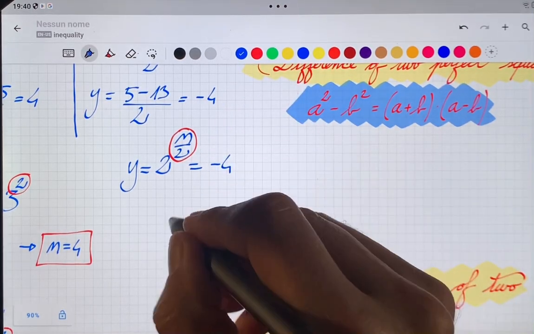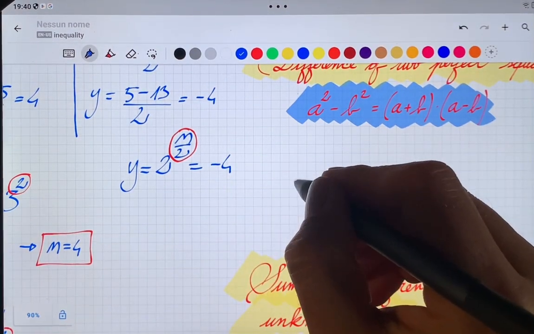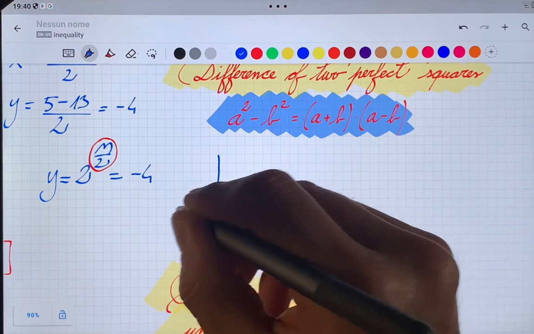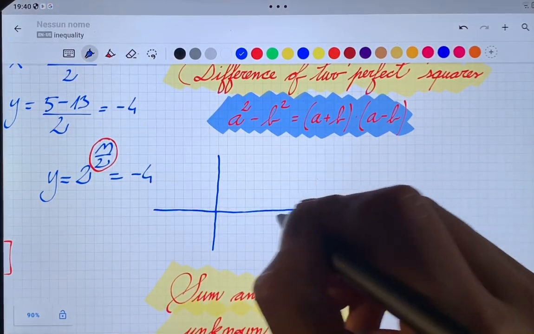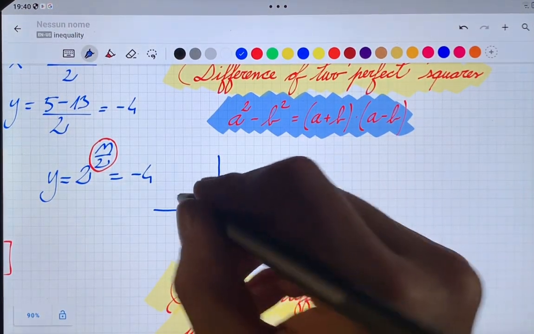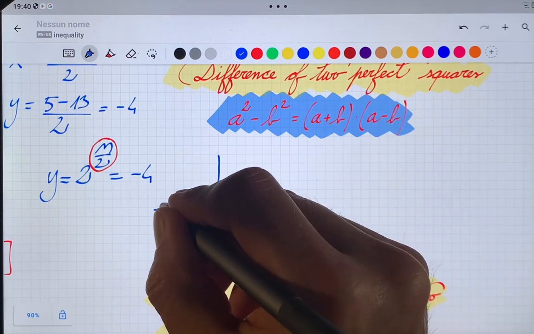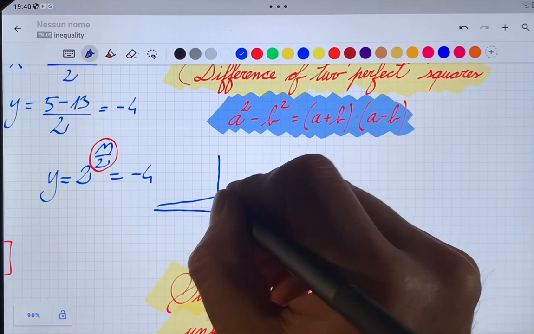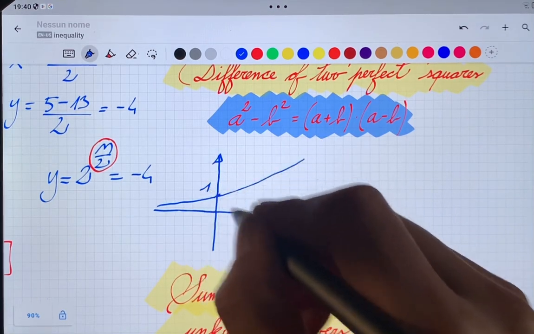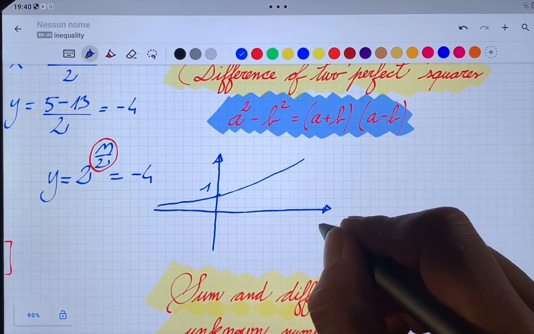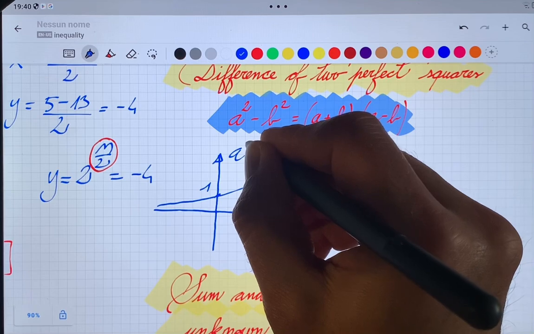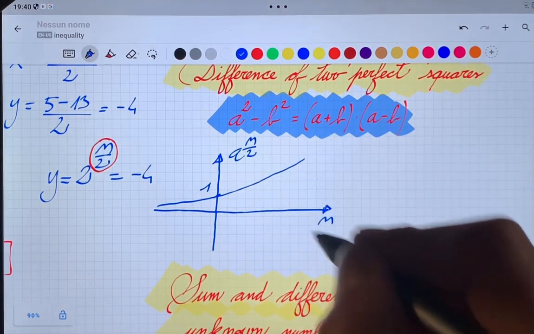In fact, if you look at the function of the exponents when the base is greater than 1, this is the function. This one, this is the exponents, let's say n. This is a to the power of n over 2.